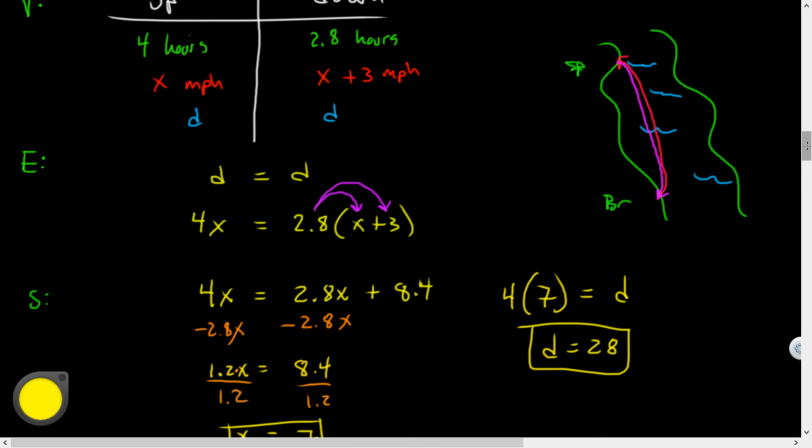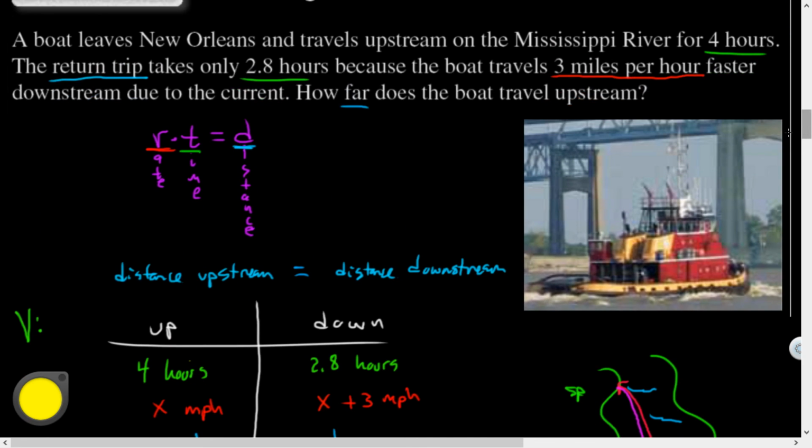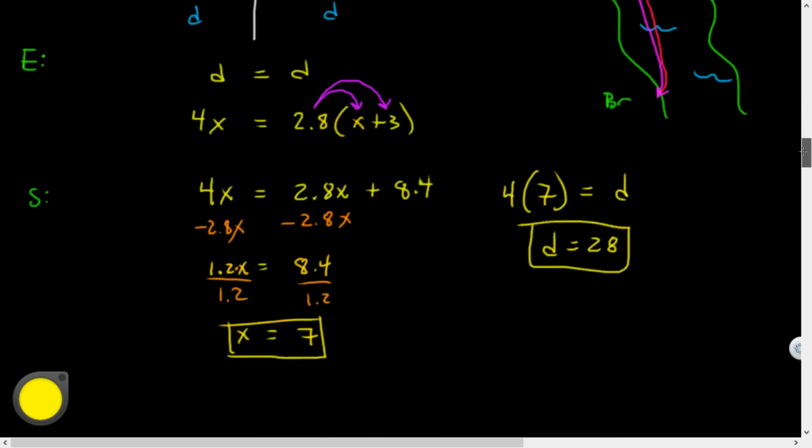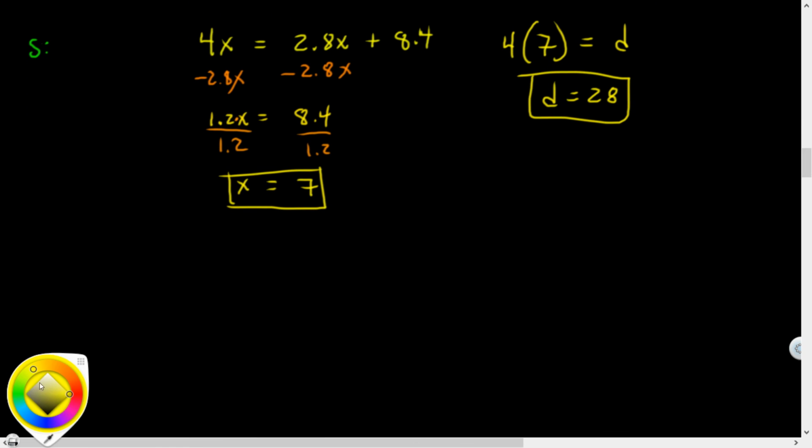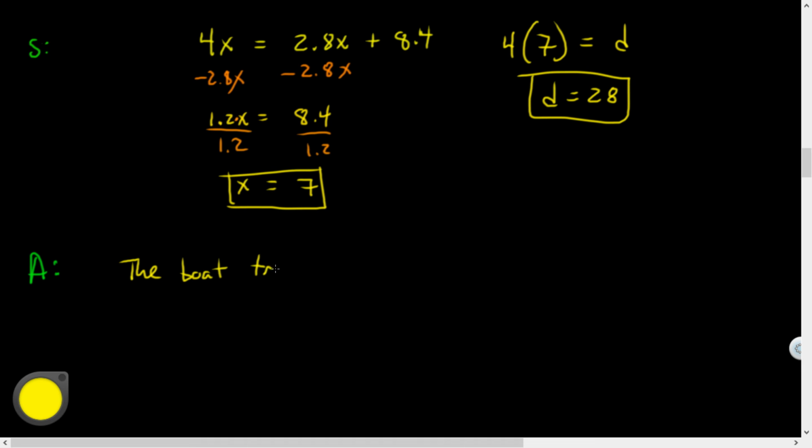And what measurement do you think distance is in? Time was measured in hours. The rate was in miles per hour, so distance must be measured in miles. So my answer that I write is: the boat travels 28 miles upstream.